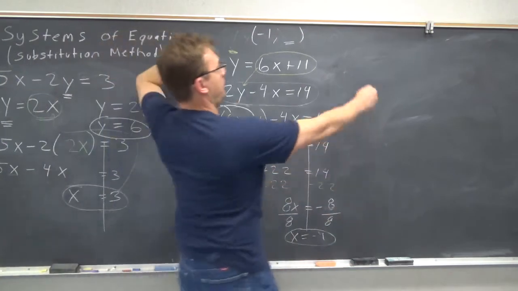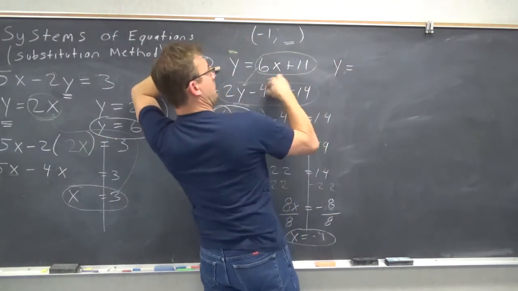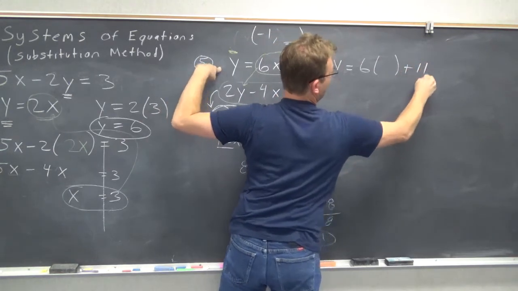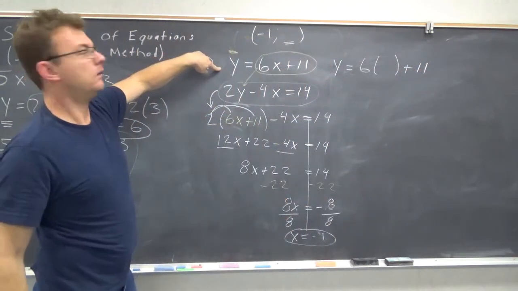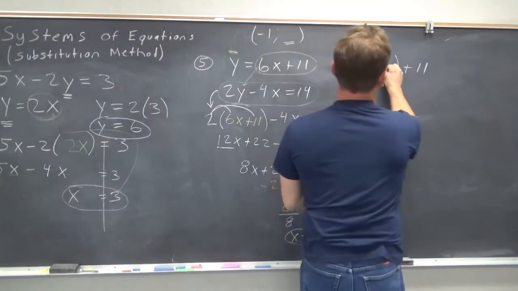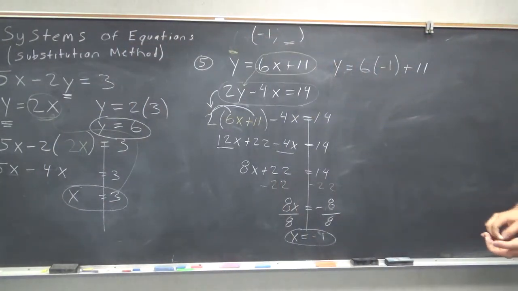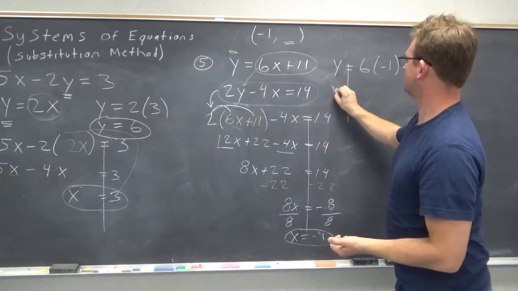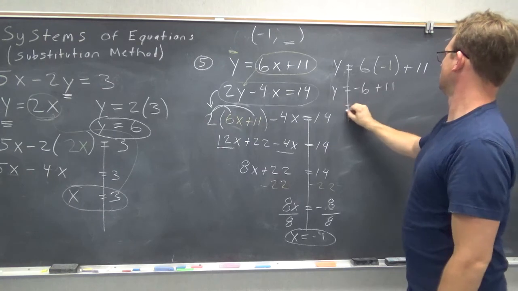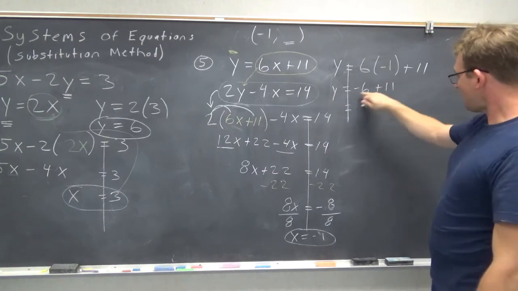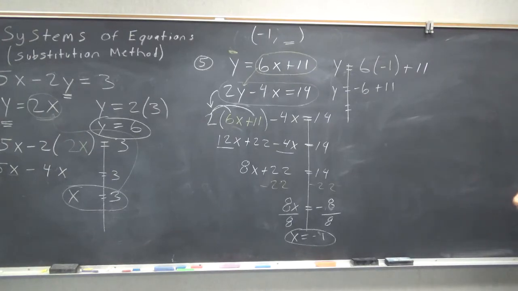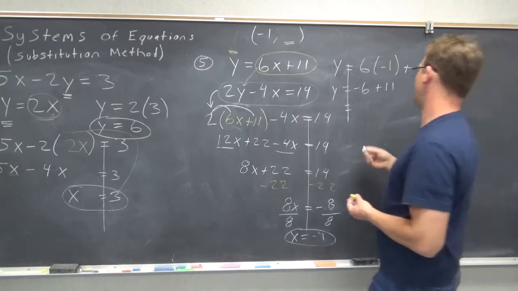So I'm going to go and then put our answer. Make sure you pay attention, so it's going to be positive. And then you're going to subtract 6 from that, so that's going to be 5.